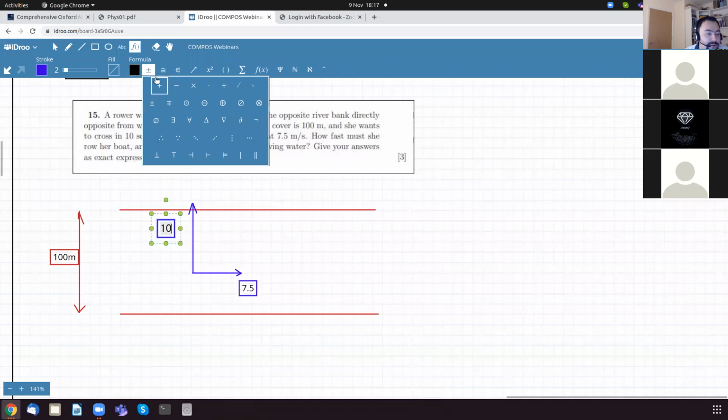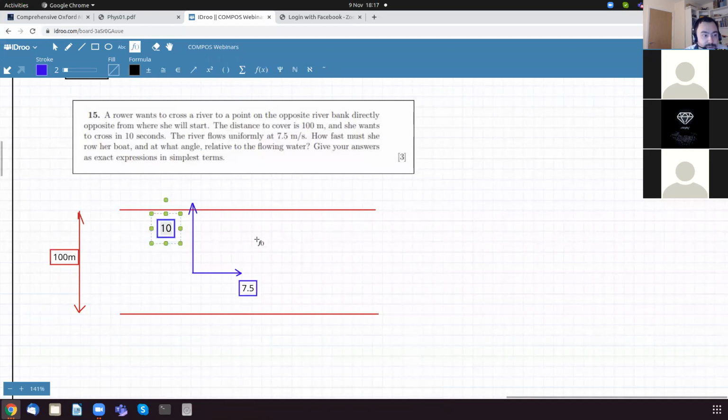So, speed, or in this case, velocity relative to the ground. And we know, I have to write this down. So this is the velocity of the water. This is her velocity. This is her total velocity.